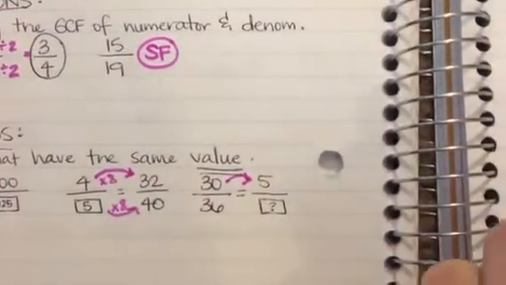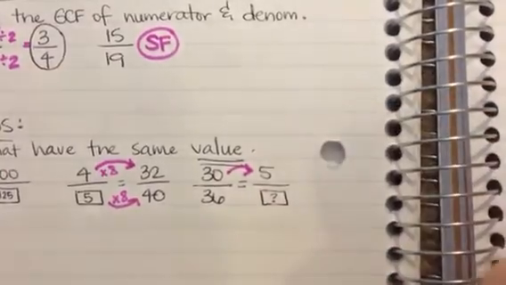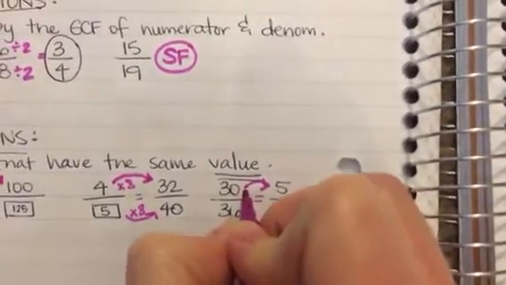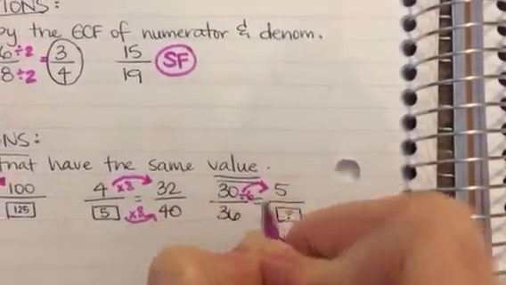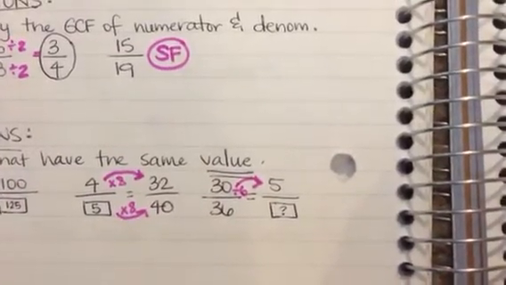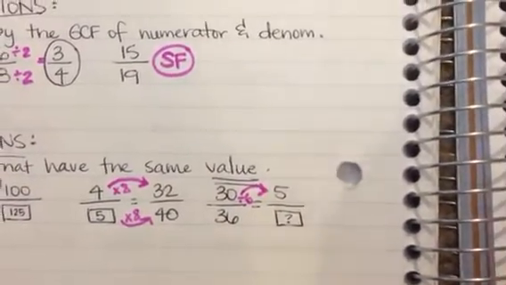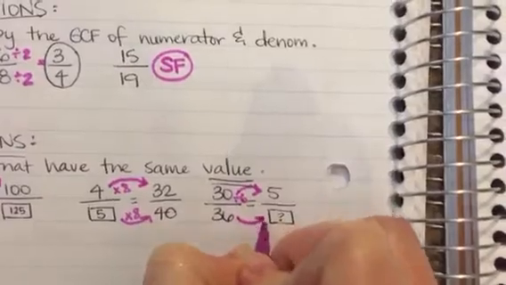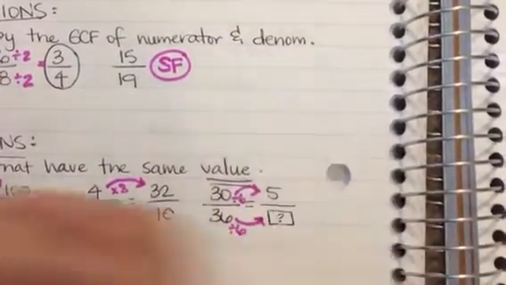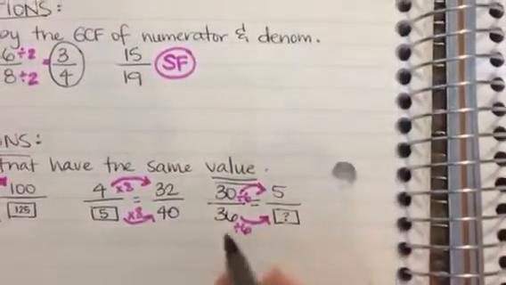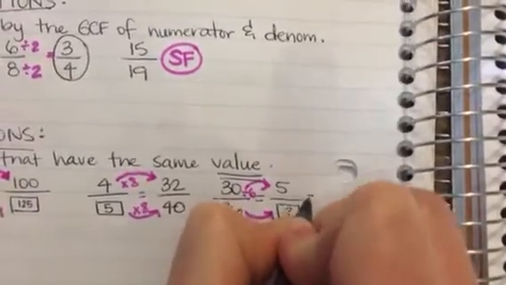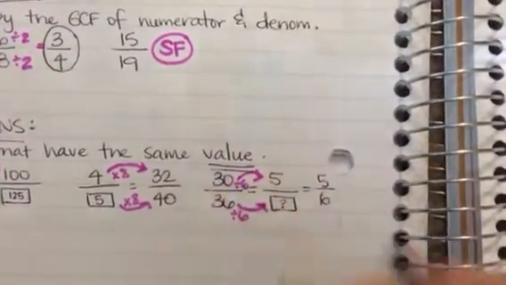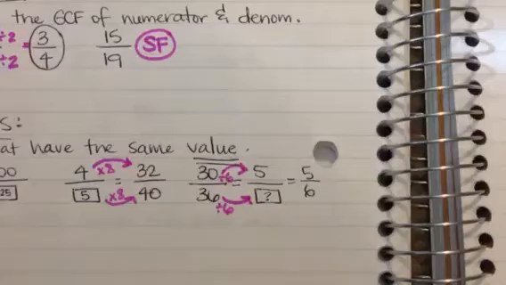Well, that either has to be subtraction or has to be division. So I'm going to try to see if I can figure out that it is divided by 6 to get from 30 to 5. So that means to get from this answer, I'm also going to do divided by 6. So 36 divided by 6 means that my equivalent fraction is 5/6.